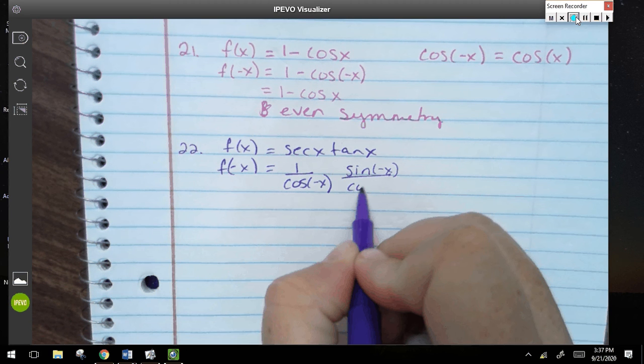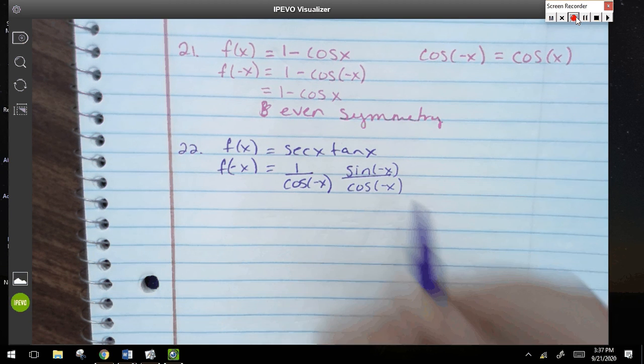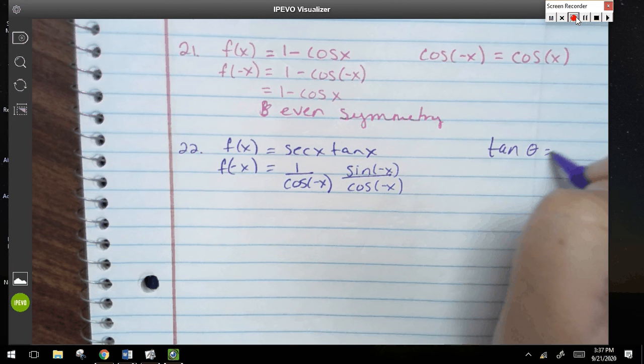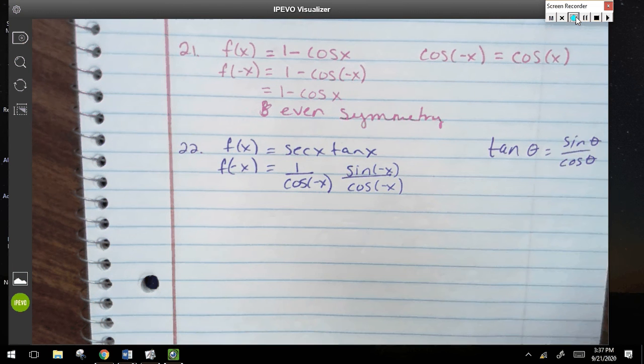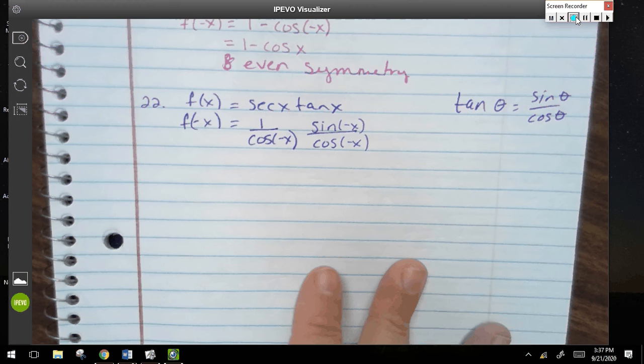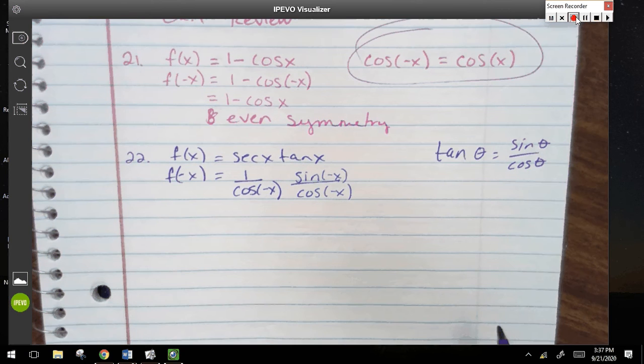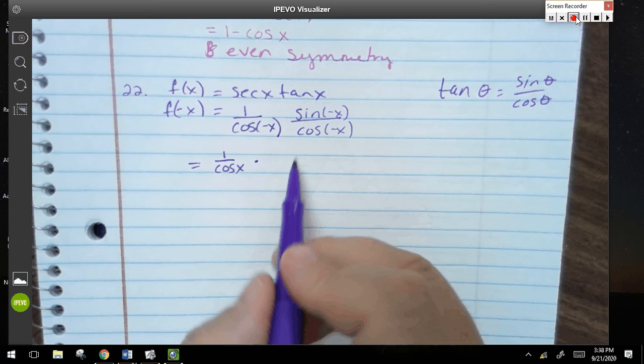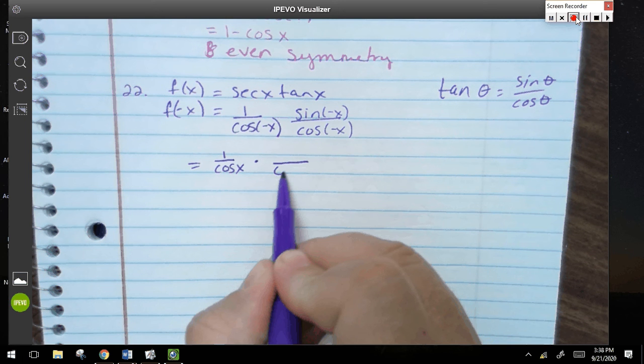From up here, cosine negative x is the same thing as cosine x. So this becomes 1 over cosine x times, with another cosine negative x in the denominator, and now the sine of negative x. Let's do the same thing we did with cosine. The sine of pi over 6 is 1/2.